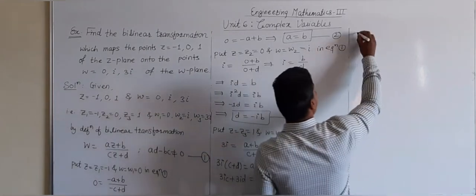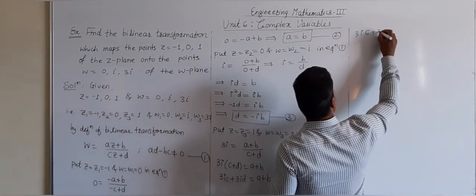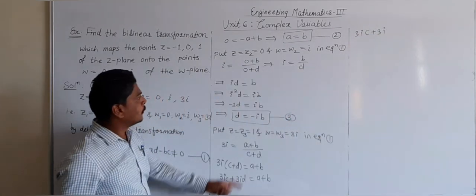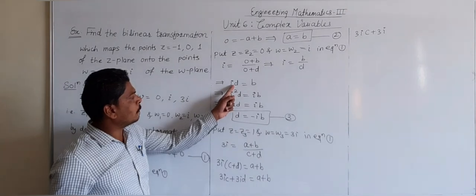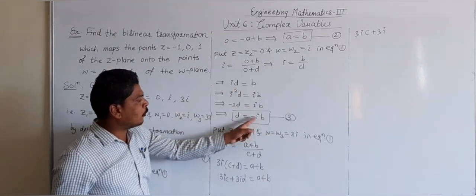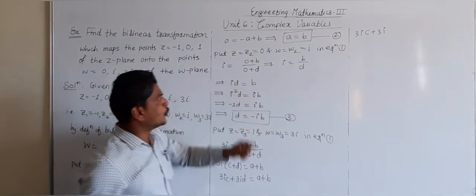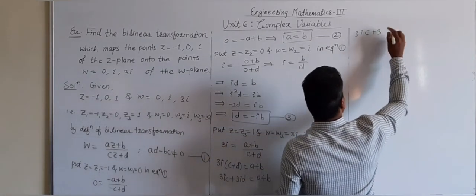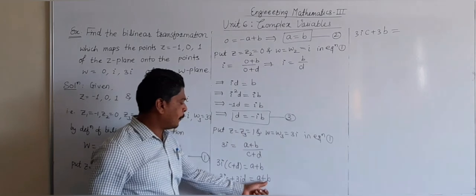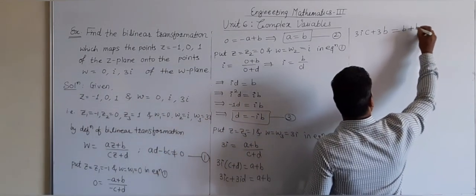We get 3iC as it is, plus 3i into the value of D. Here we get the value of iD directly, which is B, so I will replace the value of iD, which is B. So we get 3B is equal to A plus B. So the value of A is B in terms of B, plus B.